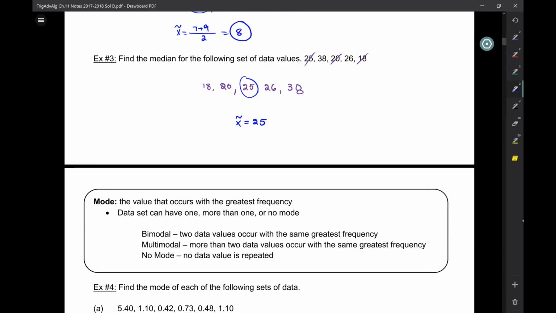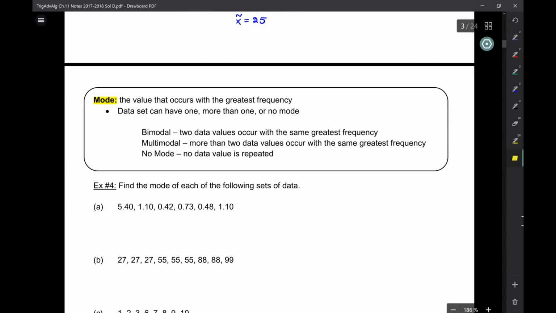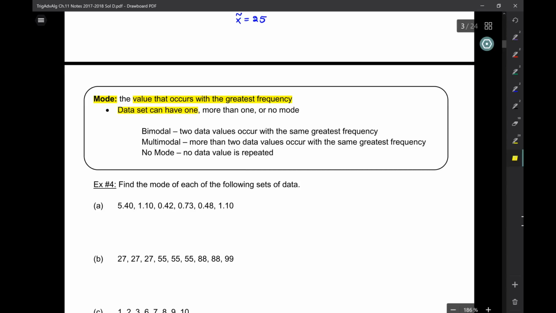Now let's do mode. Mode is the value that occurs with the greatest frequency. That means it's the score that you have more of. For example, if 2 people got a 27, and each of the other scores happens one time, then 27 is your mode. Data can have more than one mode, or no mode.